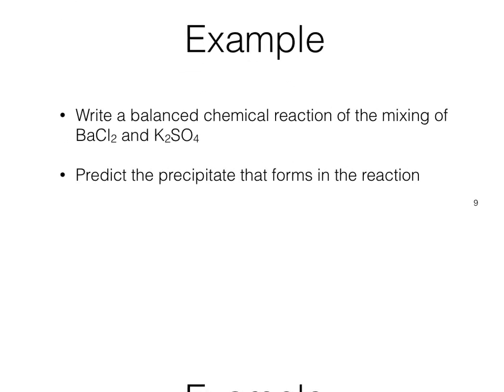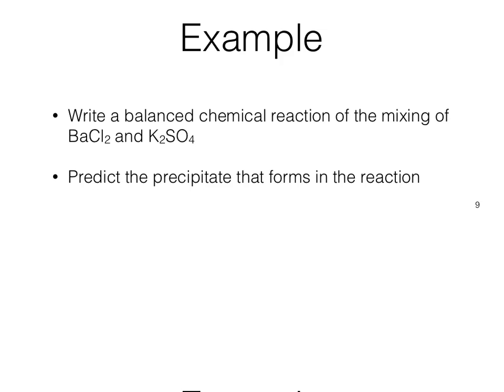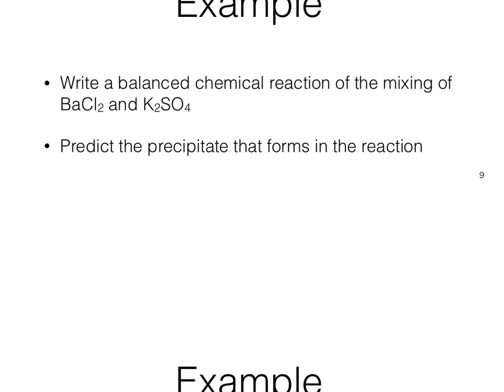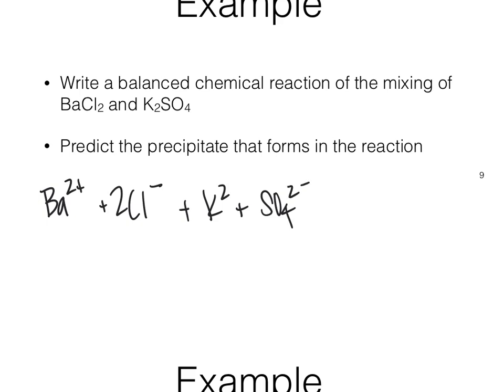So in this example, we are going to step through all of the steps. Our ions for barium chloride are Ba2+ and 2Cl-, plus K2 and SO4 2-. This is incorrect; it should be 2K+.